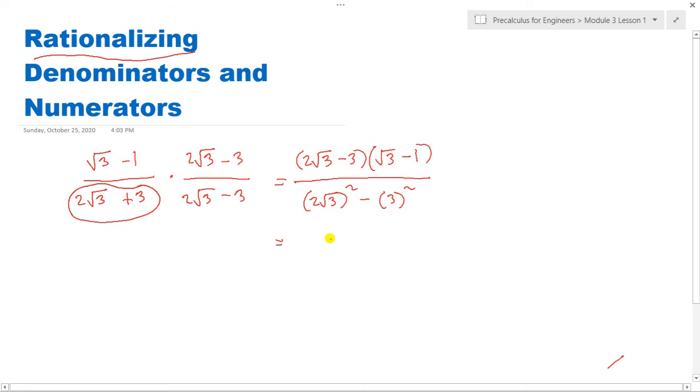So class, hindi ko na lang ito i-simplify, or you can multiply the numerator. Sige, multiply na lang natin. So we have here 2 square root of 3. So distribute ko square root of 3 times 3. So distribute ko. Minus 2 square root of 3.